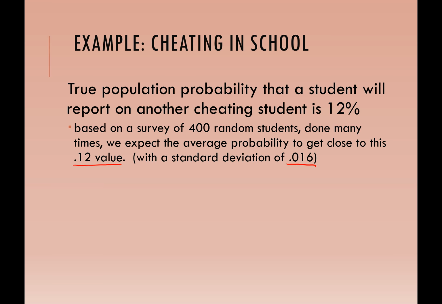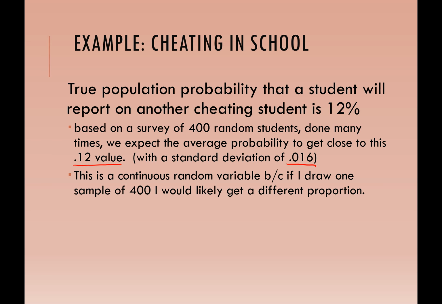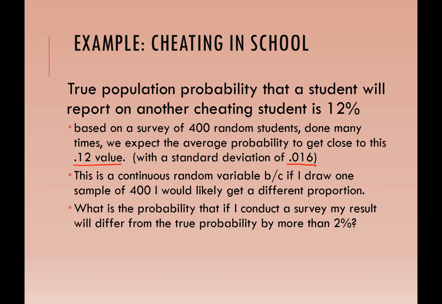You will learn more how to do these calculations to get that standard deviation later on. All right, so this is continuous because if you draw one sample of the 400, you'll get probably a different proportion than if you draw another sample. So you could get a continuous number of answers.